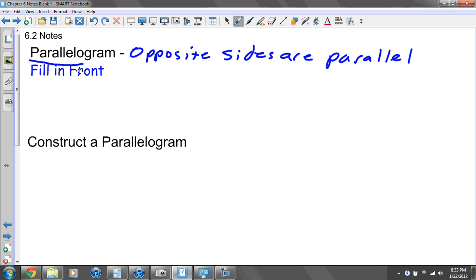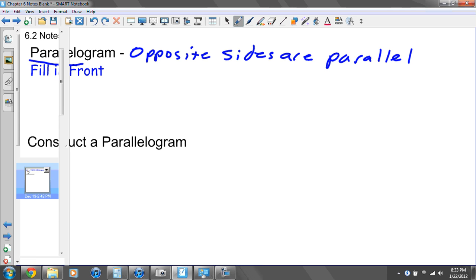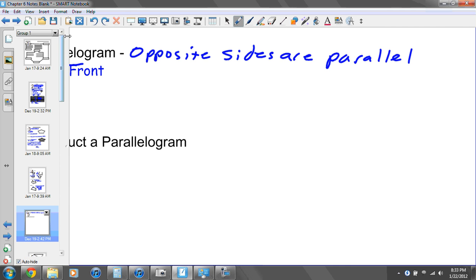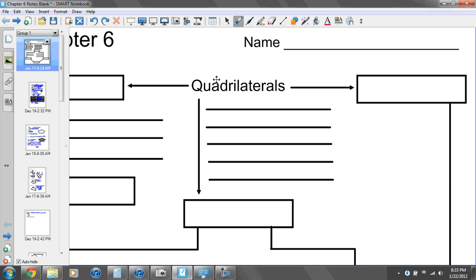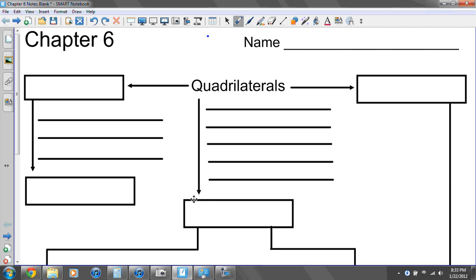So what we want to do is fill in the front of our packet with parallelogram. Okay, so we're going to put that right here. Okay, parallelogram.